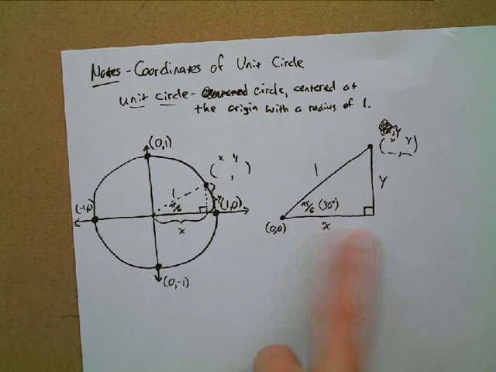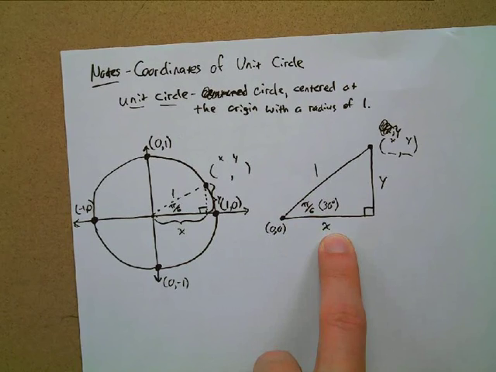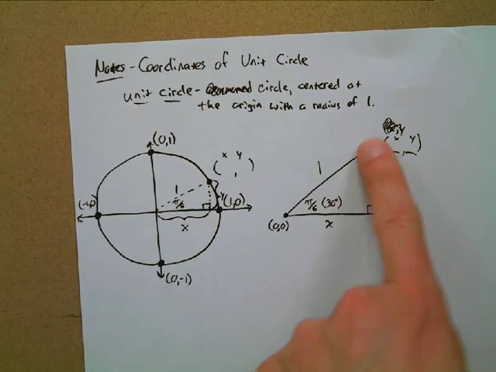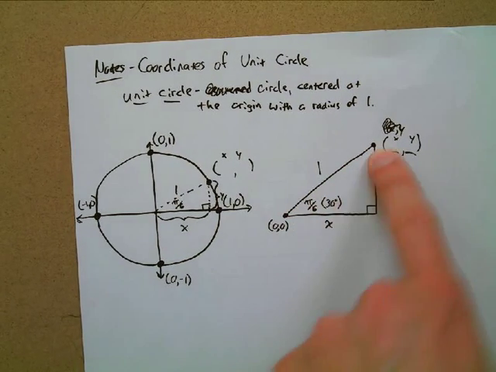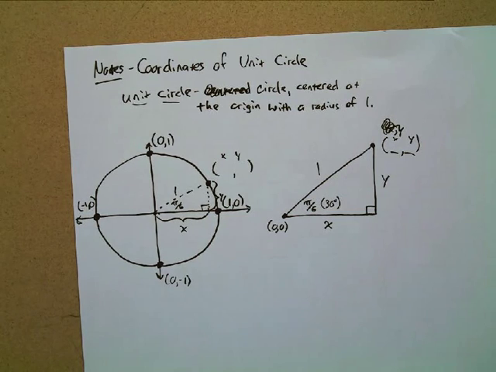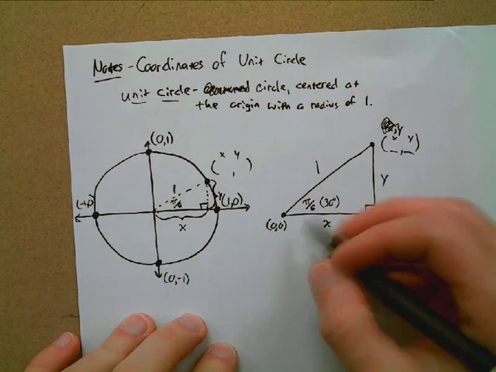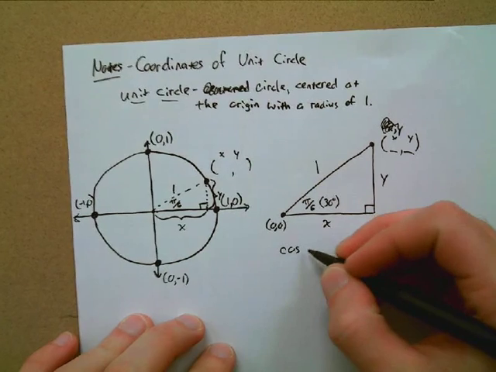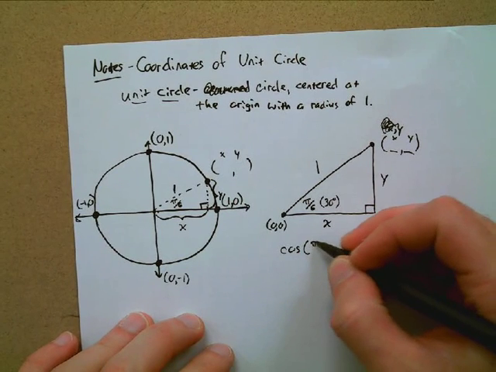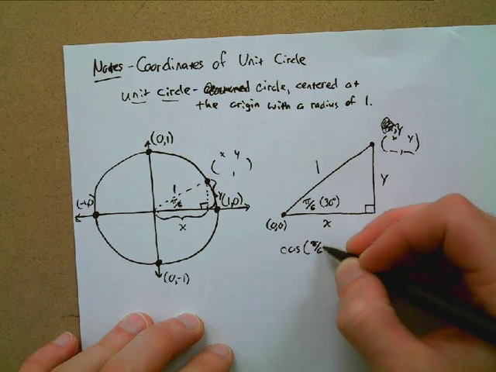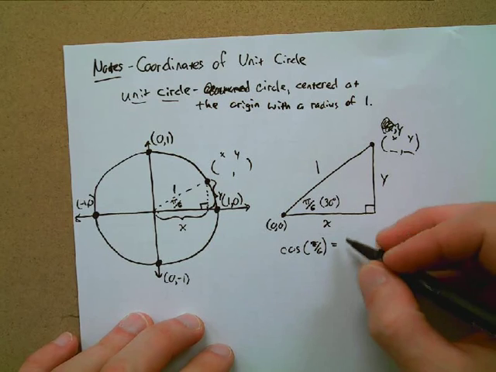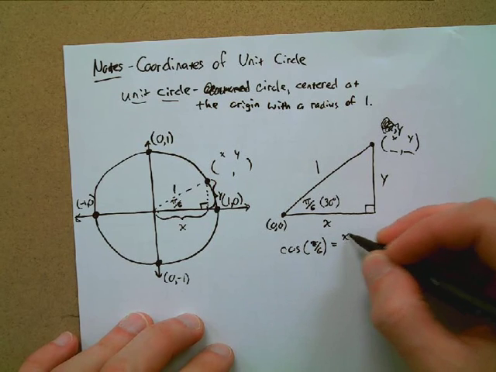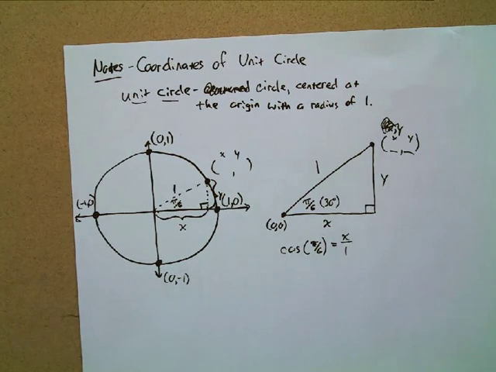It's the hypotenuse. So what trig ratio should we use? Cosine. We should use cosine to find this x value. So cosine of pi over 6 should equal adjacent leg x over hypotenuse 1. But really, since the hypotenuse is 1, the cosine of pi over 6 is the x value there.